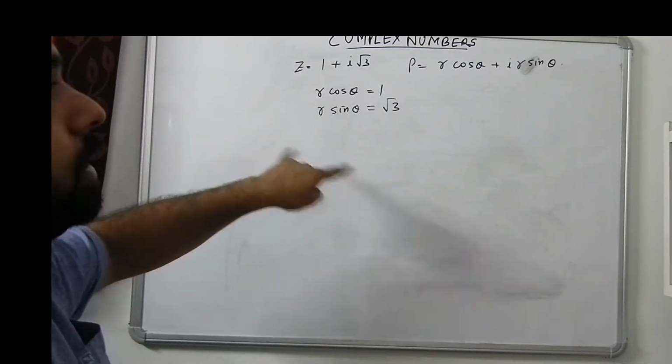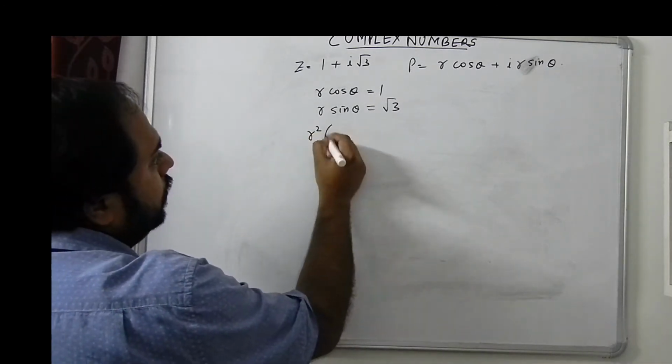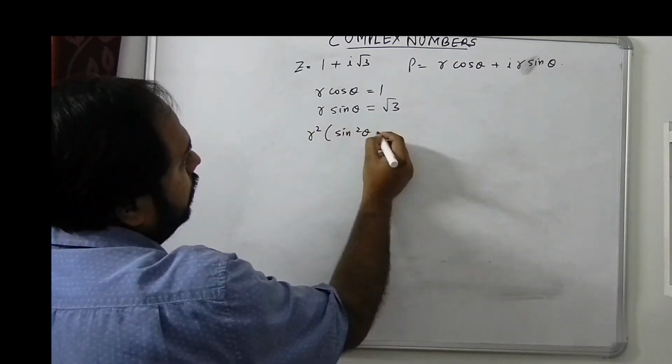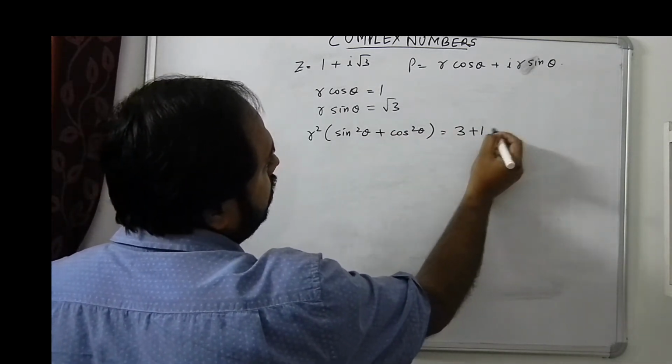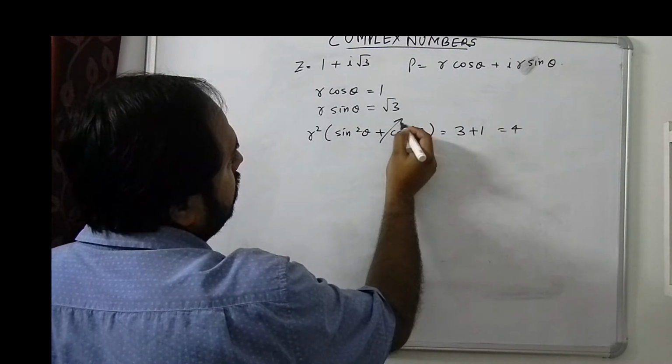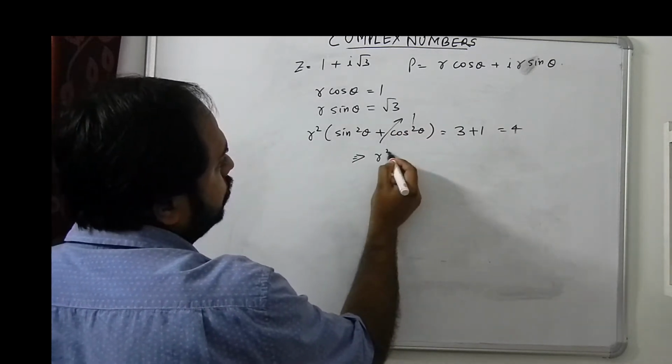Now if I square both sides and add, I get r square into sin square theta plus cos square theta is equal to 3 plus 1 is equal to 4. This I know is nothing but 1. This implies that r square is equal to 4.